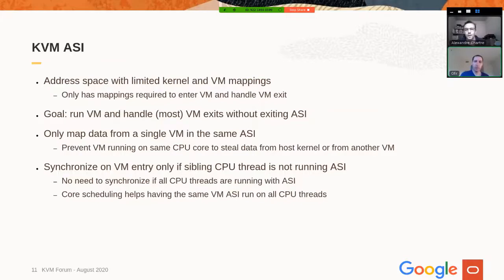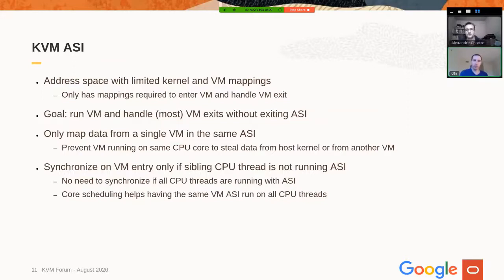To do that safely, we would also need to synchronize on the VM entry if the other sibling is not running ASI. There's no need to synchronize if your sibling CPU thread is also running ASI, because we know it is safe. We know there is no secret data that you can get from there. But if anything else is running in kernel context, not in ASI, then potentially you can steal something.